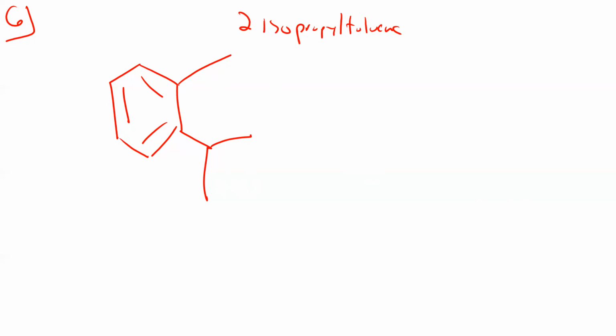So, here's your 1, here's a 2 position. So the toluene is this right here. So at the 2 position, we have an isopropyl group, and you can see that right there. So that's how you go about that.